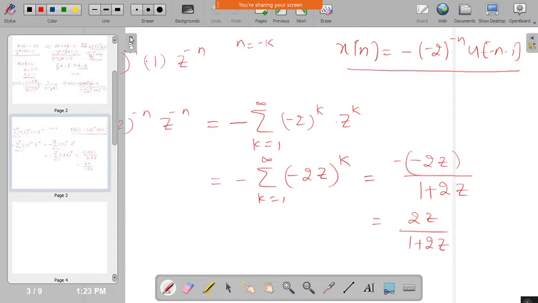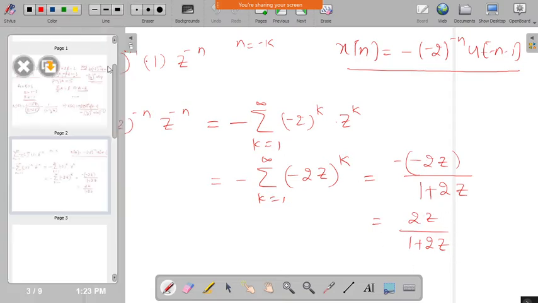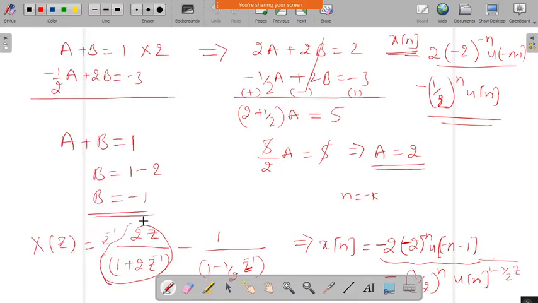So that is what we have derived here. If I put this value here, you are going to get this resultant. Now wherever n is there, you have to shift by minus 1. So for this one, z power minus 1 if I multiply here, you are going to get the shifted version.